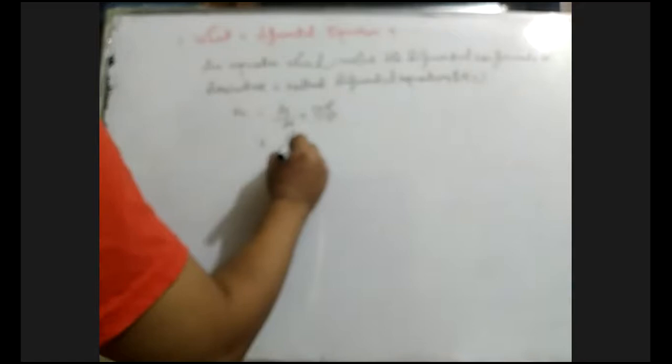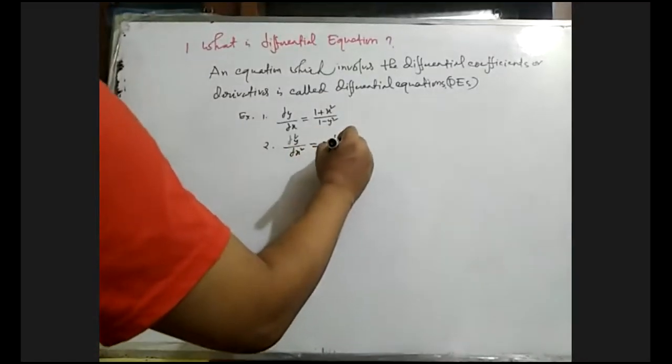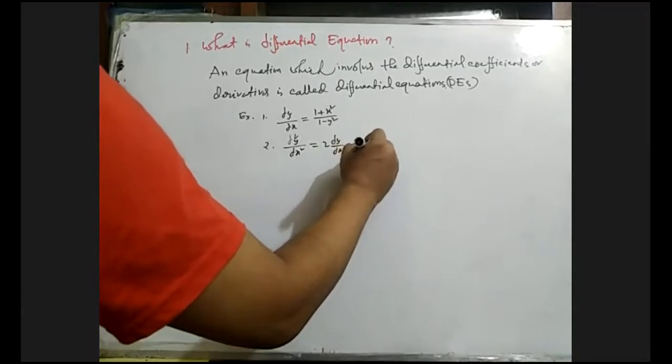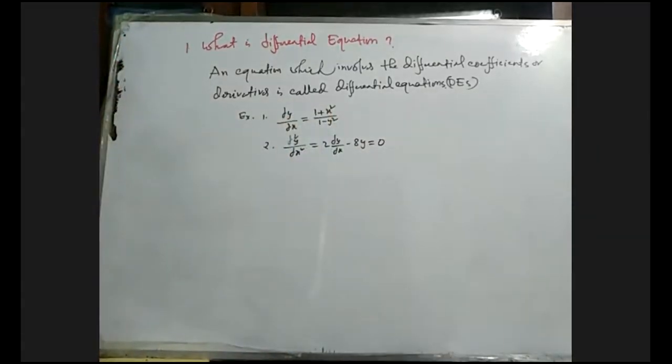Another example: suppose the second derivative of y with respect to x, minus twice the first derivative of y with respect to x, minus 8y equals 0. That means this is an equation which involves derivatives.